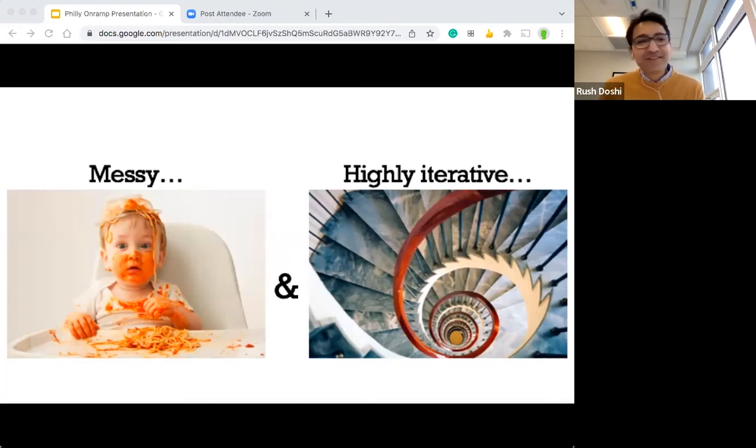It's going to be messy, and you're going to have to iterate a lot. There's no one size fits all way of going about it. But as long as you keep an open mind and remember that many things are going to come up and you're going to have to react to them, you'll be able to navigate this phase pretty well.